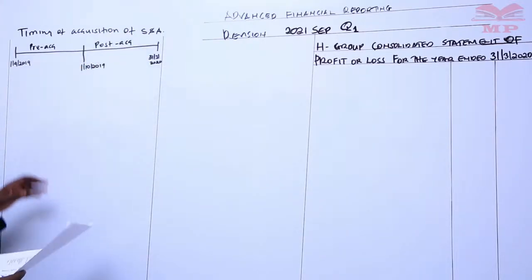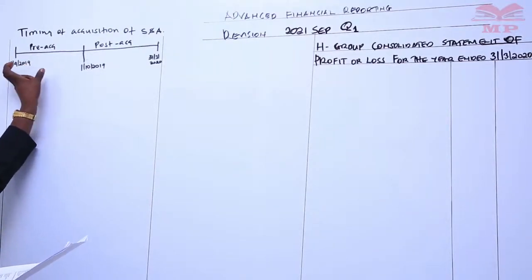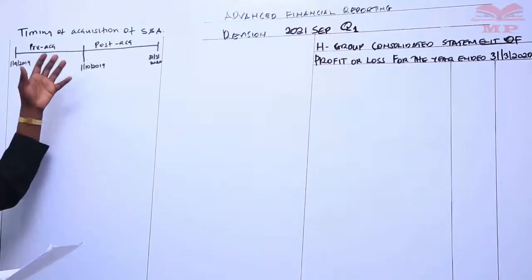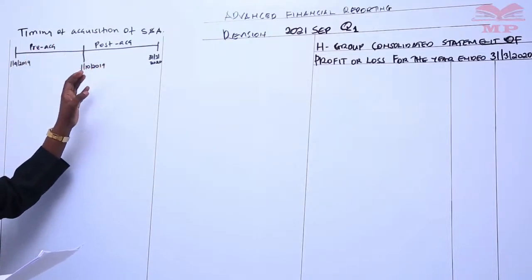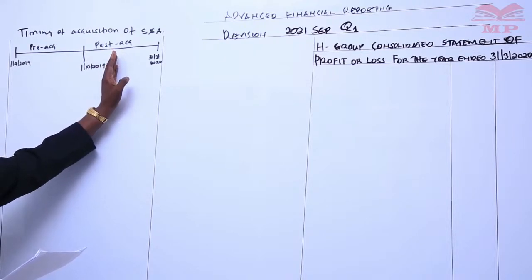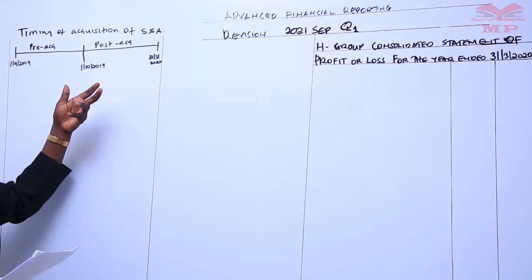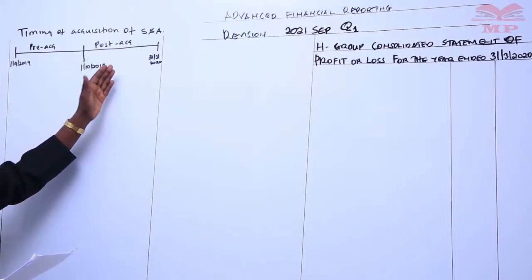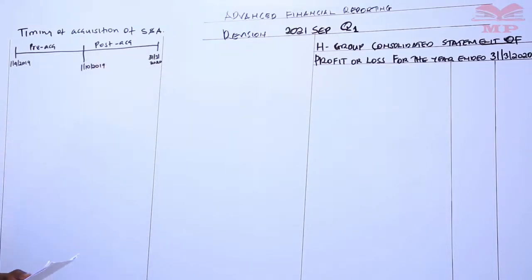Now, the pre-acquisition period helps you to determine how many months these companies being acquired, which we call acquirees, operated on their own before being acquired by H. The post-acquisition period helps us know how many months to include the incomes and expenses of the acquiree companies in the group financial statements.